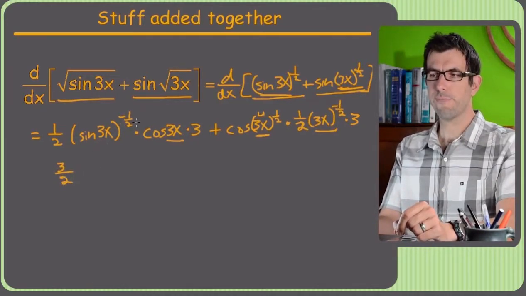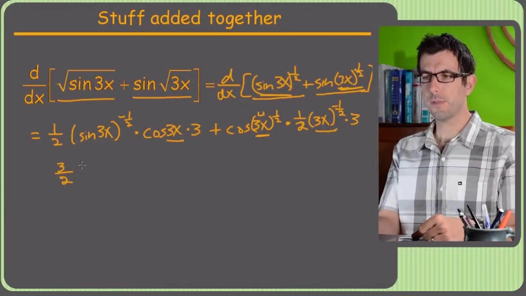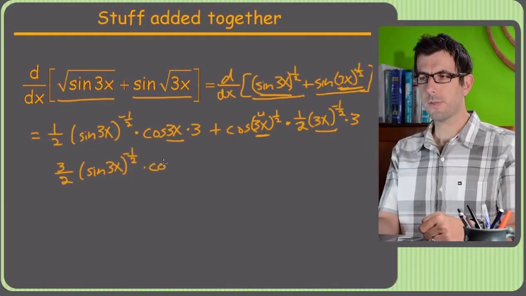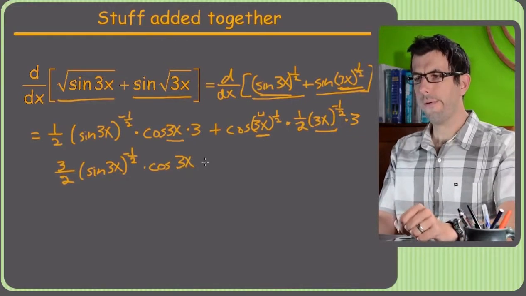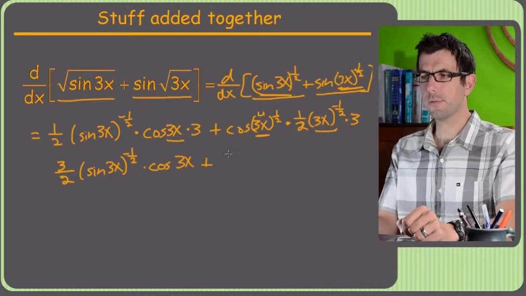And then I'll just rewrite this. Oops, that'll actually be downstairs. We'll just leave it. Times cosine of 3x plus, see, 1/2 times 3 is 3/2.